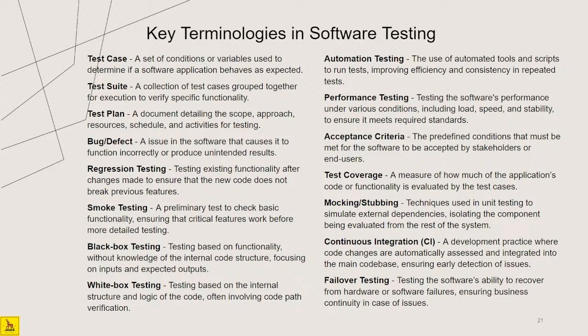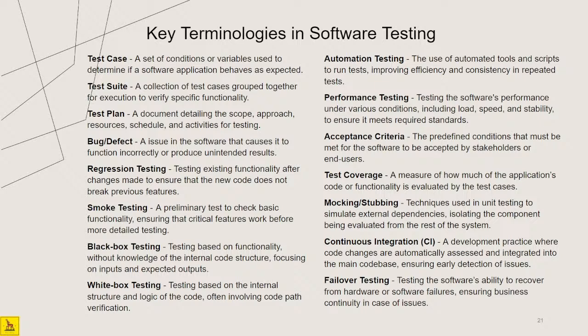And we have test coverage, which is a measure of how much of the application's code or functionality is evaluated by the test case. We can use mocking or stubbing techniques, which is used in unit testing to simulate external dependencies. We should know what continuous integration is, which is a practice where code changes are automatically assessed and integrated into the main code base.